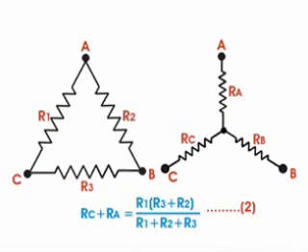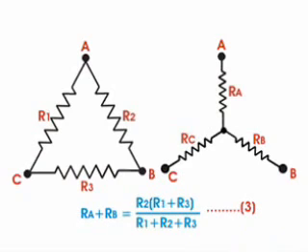Similarly, if we think about the equivalent resistance of delta and star respectively in between points C and A, we can prove that Rc plus Ra is equal to R1 into (R3 plus R2) divided by (R1 plus R2 plus R3), and say this is equation 2.